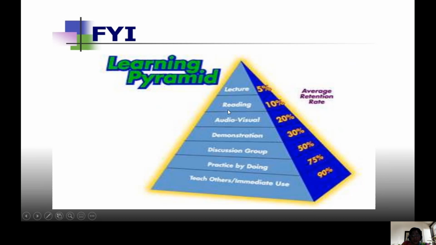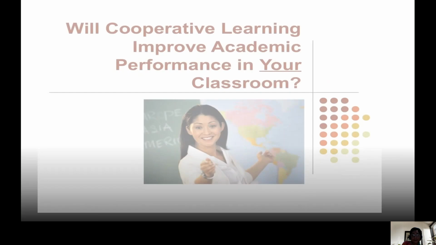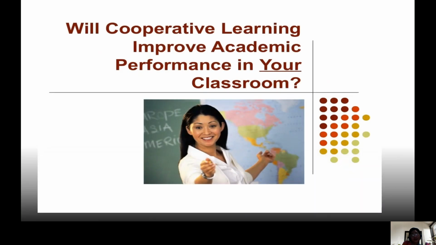Reading 10%, audiovisual 20%, demonstration 30%, discussion group 50%, practice by doing 75%, teach others or immediate use 90%. So basically it shows how effective cooperative learning is for each of us. Next. So will cooperative learning improve academic performance in your class? What do you think?